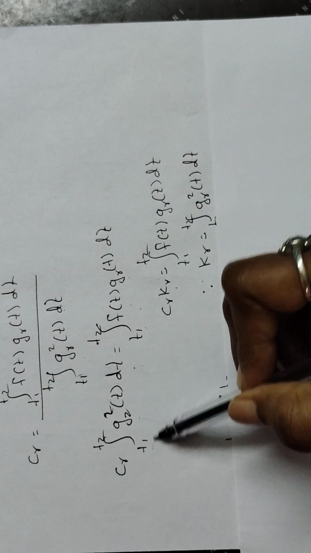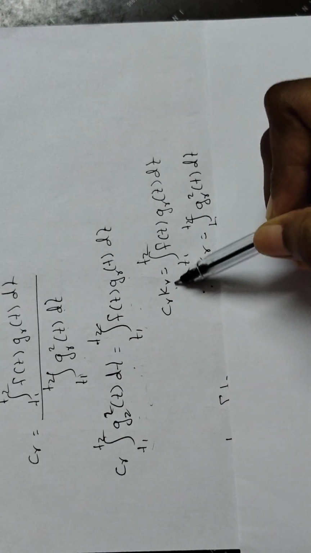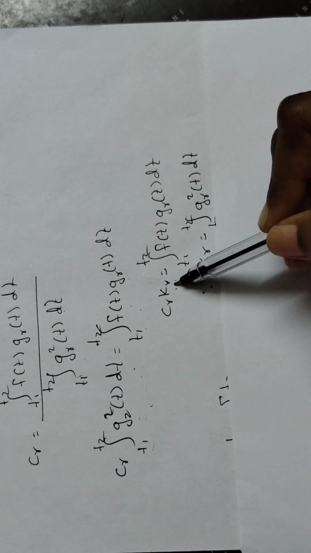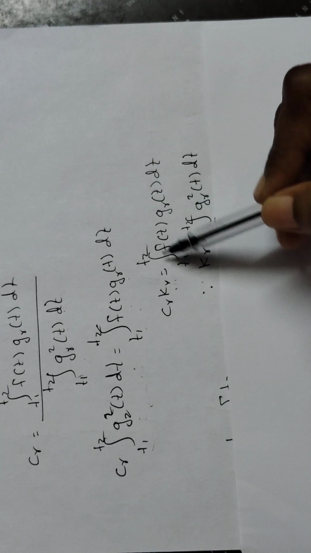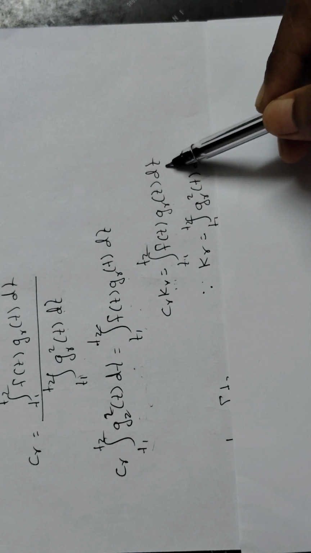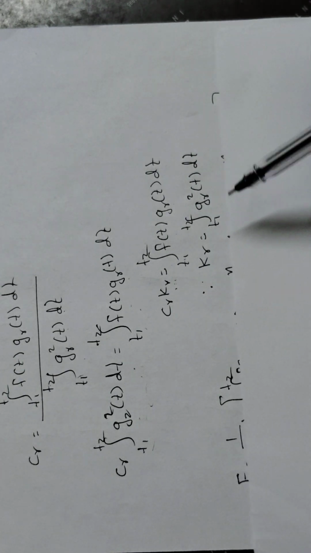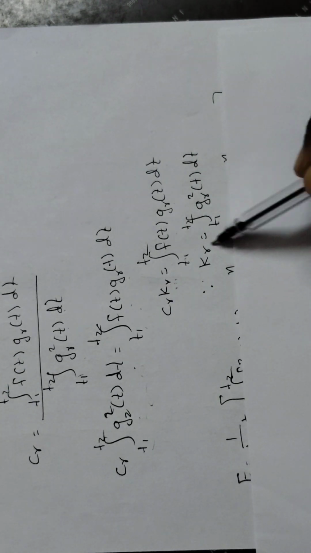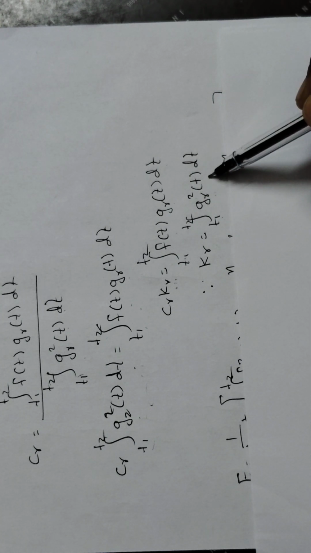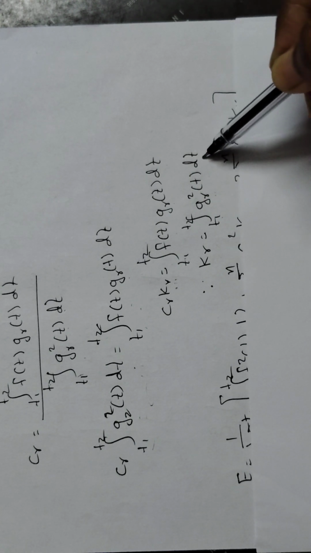For simplification we take this equation as kr. Kr is equal to integral t1 to t2 f of t gr of t into dt. Now in this equation, what is kr? It is integral t1 to t2 gr square of t into dt, right?